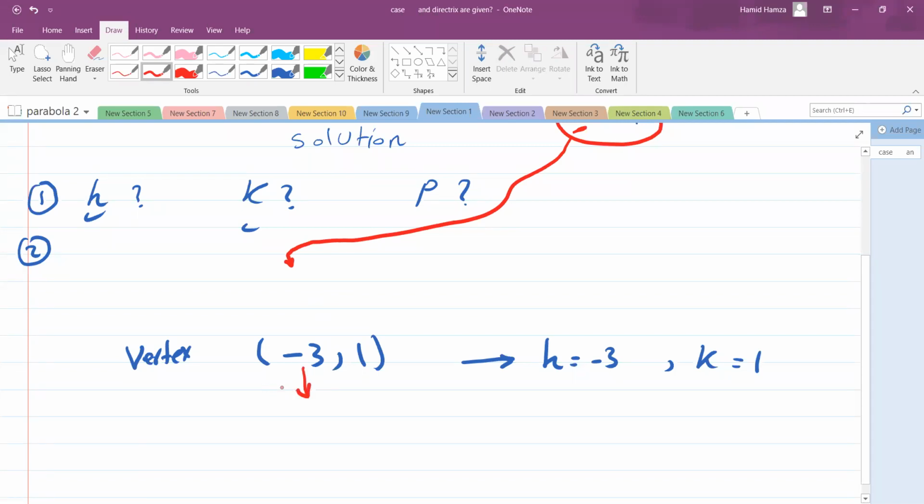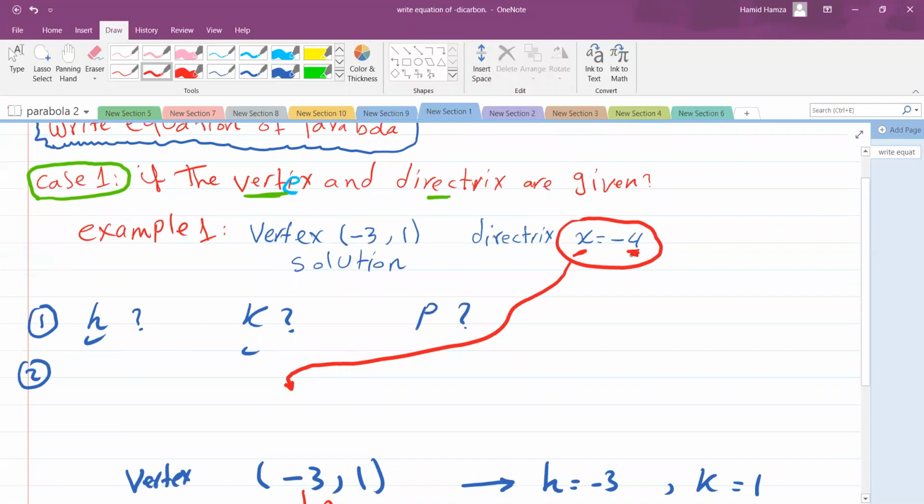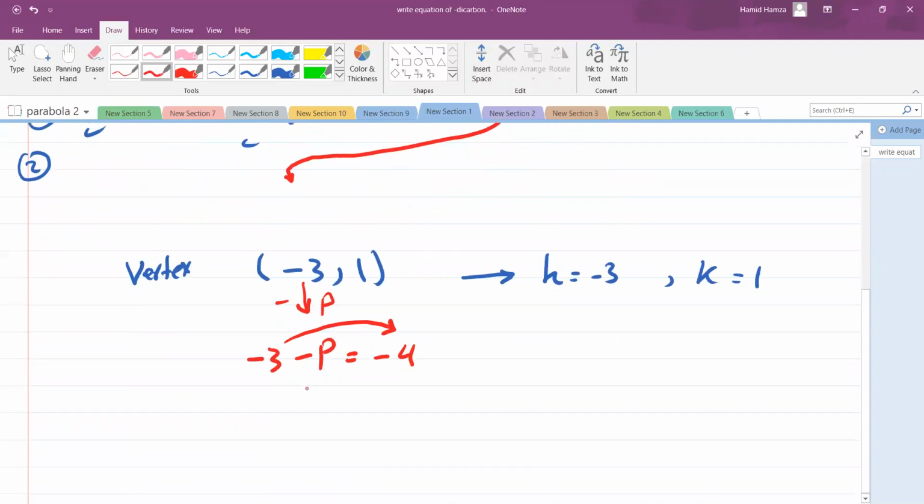So negative 3 minus b gives me the directrix number, which is negative 4. So this equals negative 4. Take negative 3 to the other side, so negative b equals negative 4 plus 3.